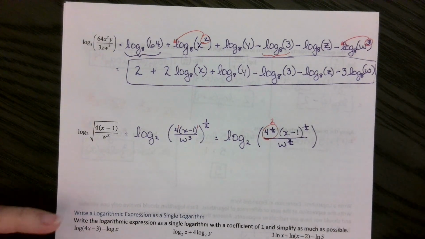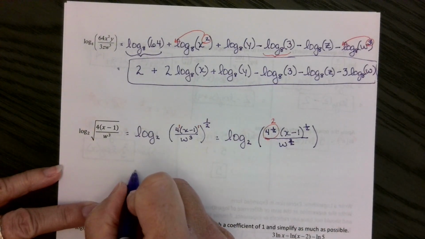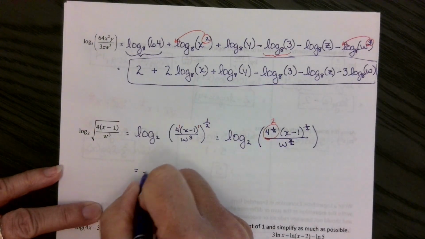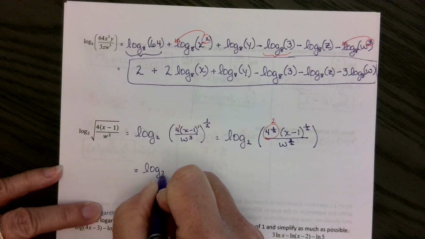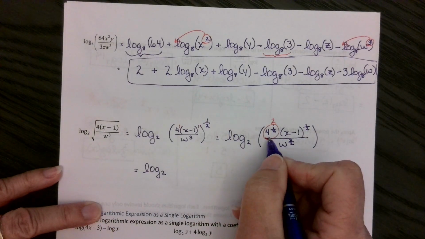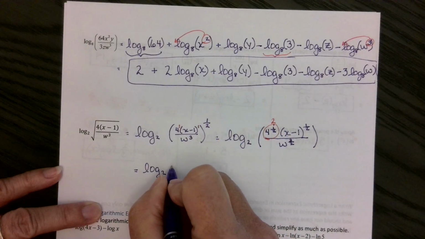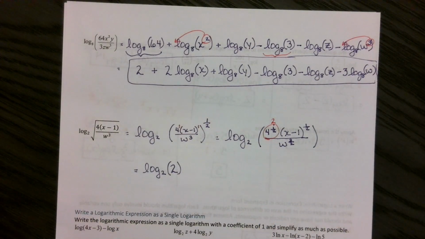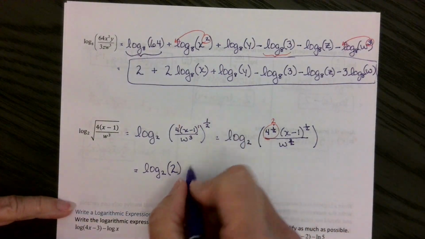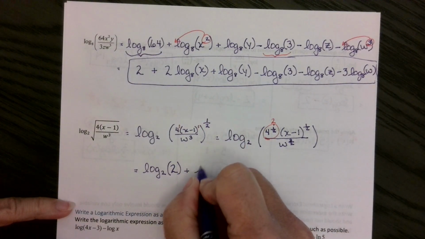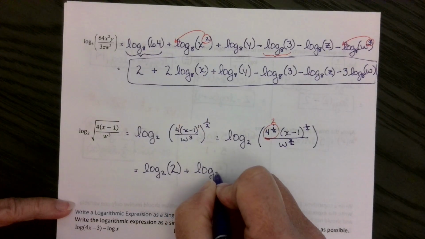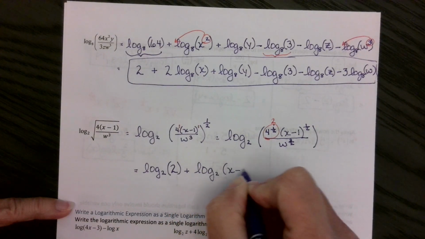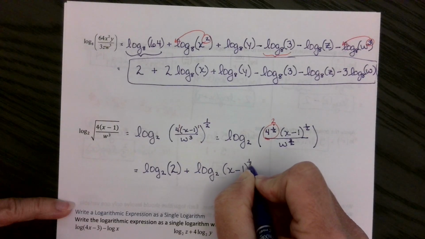So now let's start expanding. Okay, I'm going to go down here. I have log base 2 of 2 because 4 to the 1/2 is 2. Again, this isn't the only way to do this problem. You may have done it a different way and it works, okay? However it is that you do it. Plus log base 2 of the x minus 1 to the 1/2.